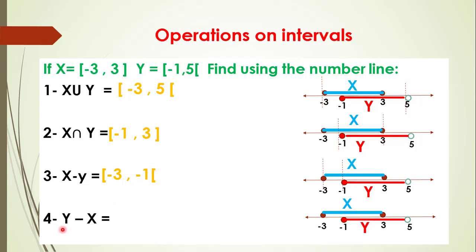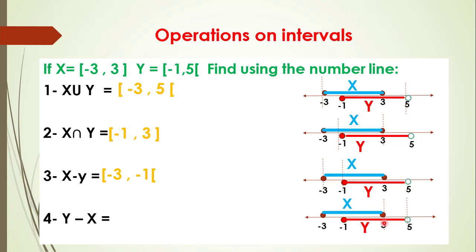The last one here, y minus x. It means elements that belong to y but don't belong to x. Look here. So the red region only, from 3 to 5. At 3, I want elements that belong to y but don't belong to x.